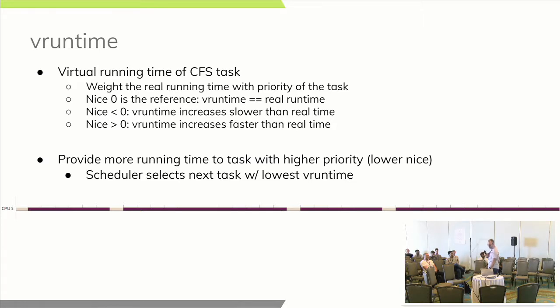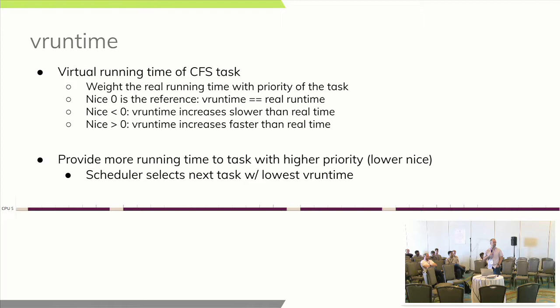The vRuntime uses the task nice priority to weight the effective running time. When you set the nice priority of a task, you are in fact describing how much share of the CPU you want to provide to this task. Nice 0 is the default value.